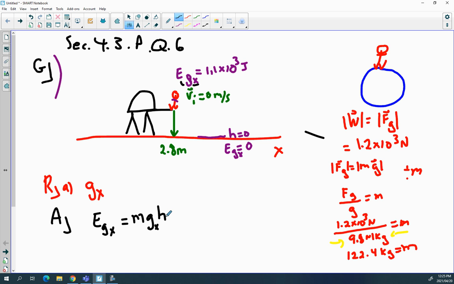So what we're now going to do is divide each side by m and h. And that'll leave us with this equation right here.